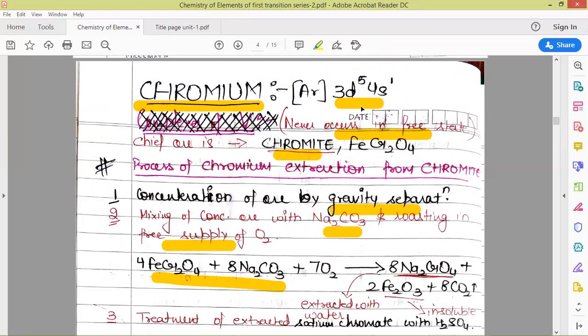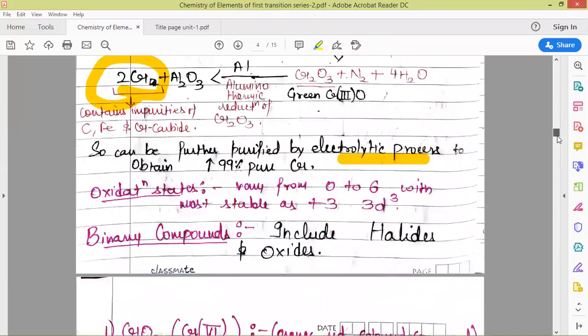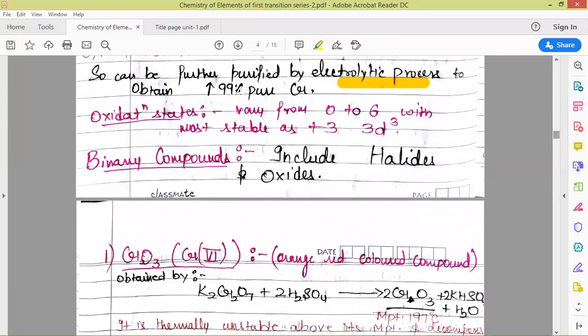So the minimum oxidation state for chromium is +1 and the maximum oxidation state is +6. So its oxidation states vary from 0 to 6, and the most stable oxidation state for chromium is +3 with electronic configuration of 3d3.